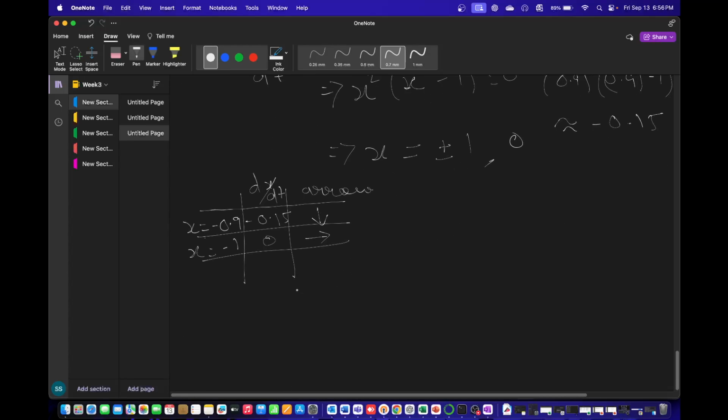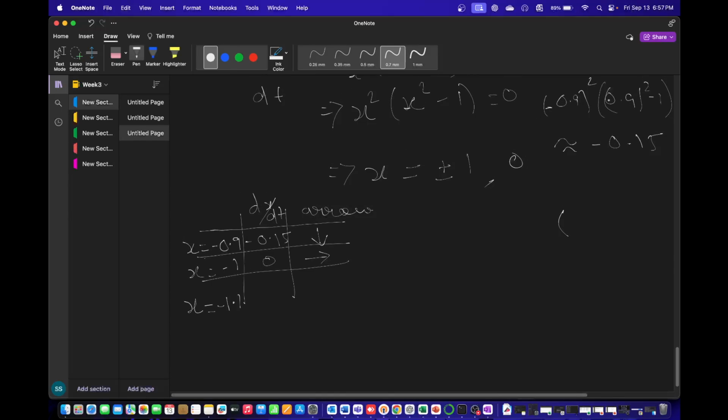Now let's take a value of x slightly lower than x equal to minus 1, so x equal to minus 1.1. This will go off because there is a square.